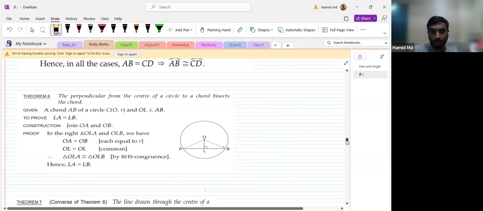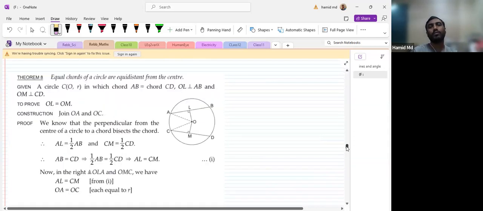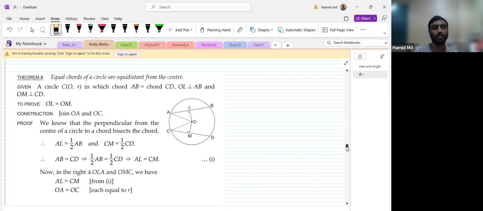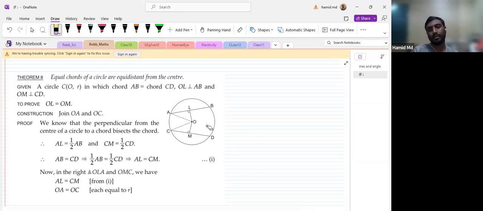Okay, so this is the opposite of that. Equal chords of a circle are at equal distance from the center. So we already proved it. Yes, we already proved this, sir.